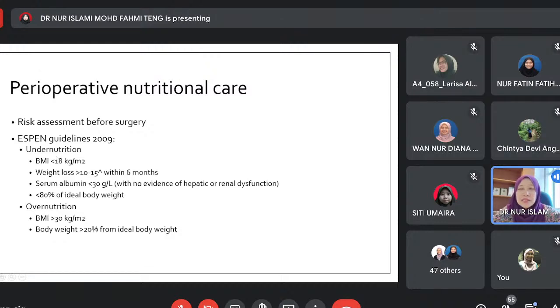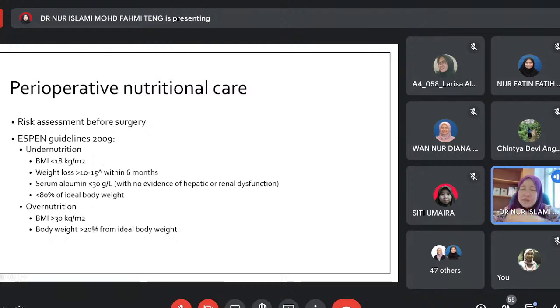We say that the patient is undernourished if the BMI is less than 18, weight loss is more than 10 to 15% within 6 months, serum albumin is less than 30 gram per litre with no evidence of any hepatic or renal dysfunction, and less than 80% of ideal body weight. So this is how they classify the patient as undernutrition.